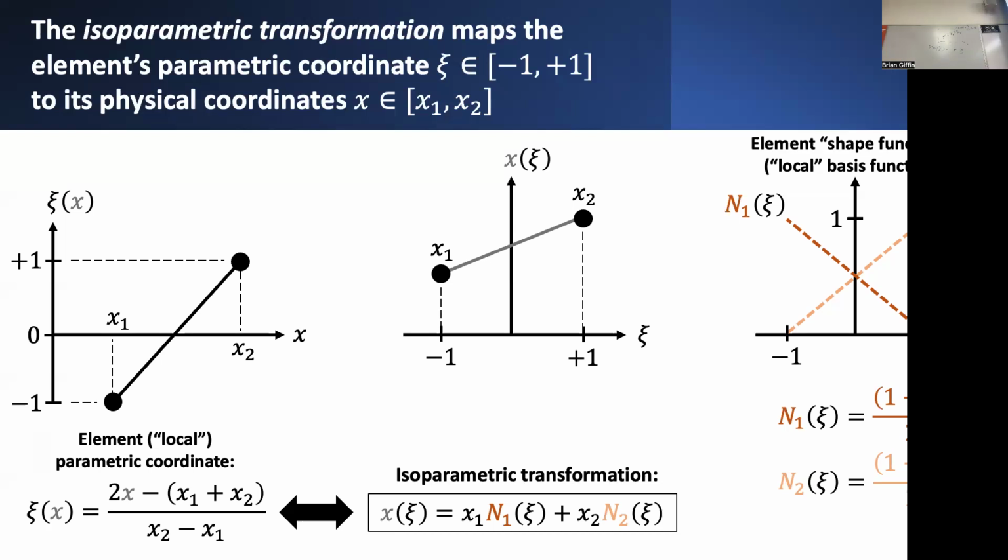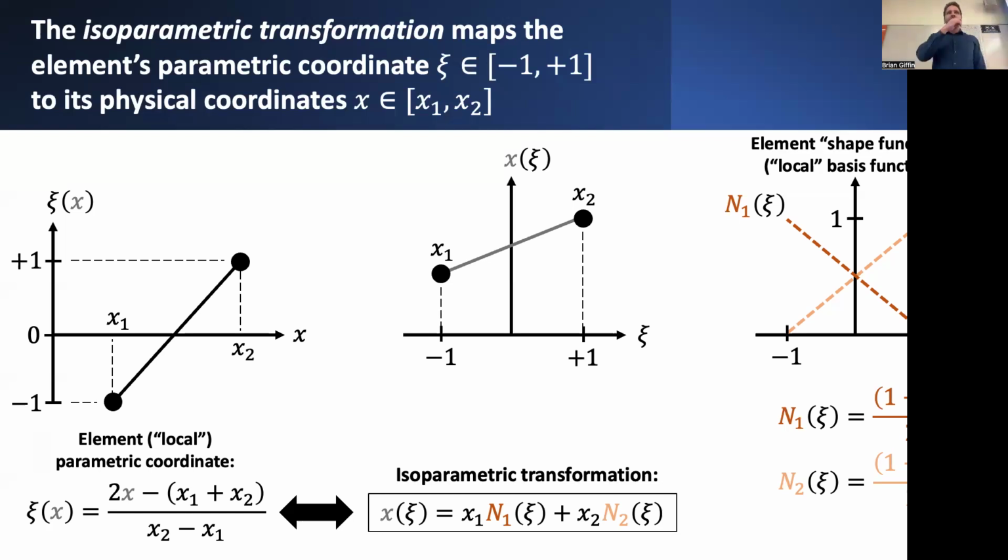N1 is a downward sloping linear function with a value of 1 at ξ equals -1 and a value of 0 at ξ equals +1. And N2 is a similarly upward sloping function that satisfies the opposite. If we combine them, we can represent any linear function, which also passes through these two discrete nodal positions, X1 and X2.